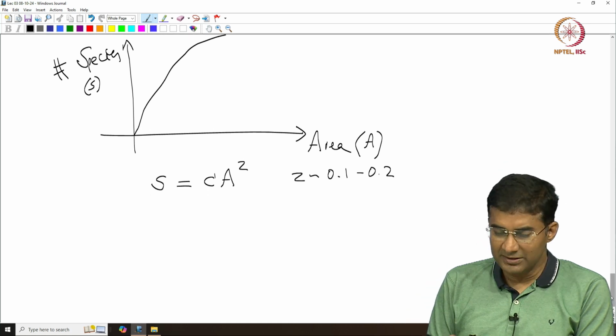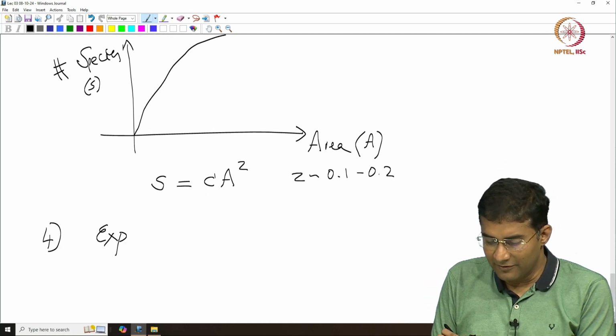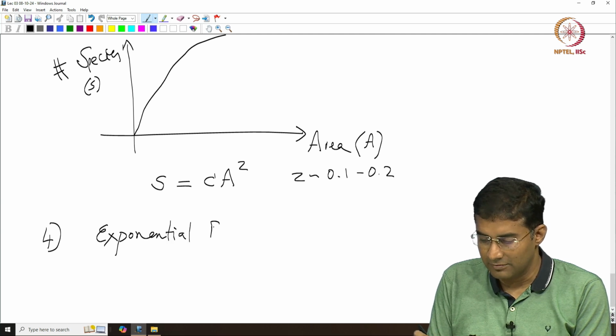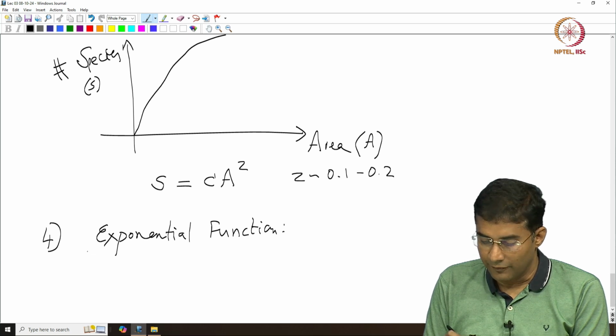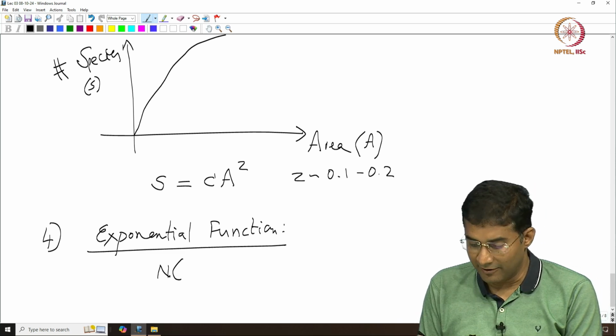Okay. Now, let us look at another curve that comes up very frequently in ecology, that of the exponential function. We often study population size, let us denote that by n of t.